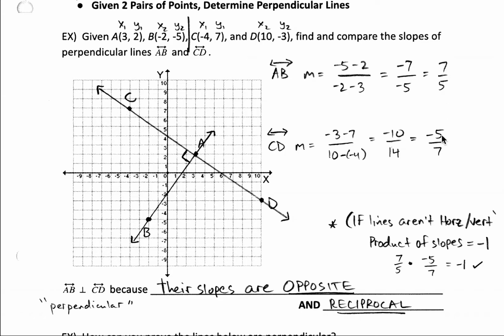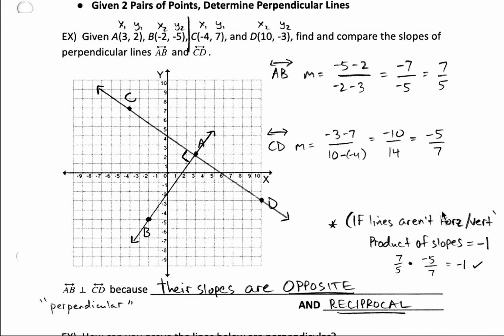One other thing that's true about perpendicular slopes is that you can multiply their slopes and the result will always give you -1. However, the only special case where that is not true is if you try to do that with just basic horizontal and vertical lines. Horizontal and vertical lines are going to be perpendicular, but we can't multiply their slopes.